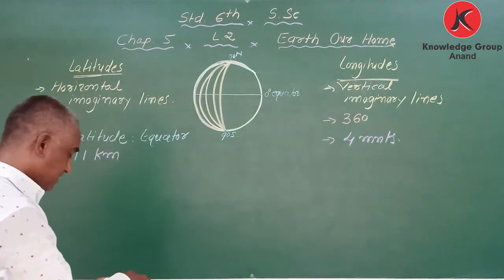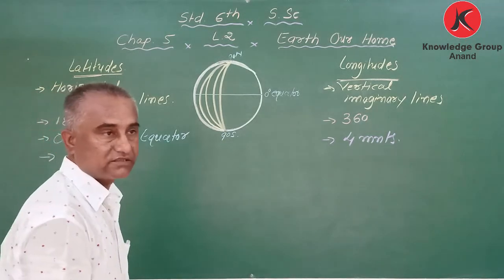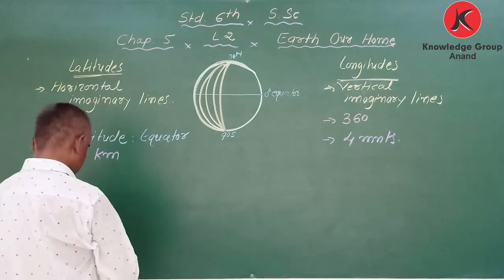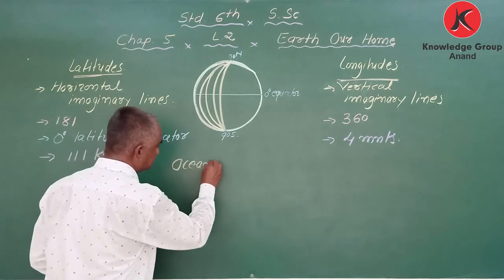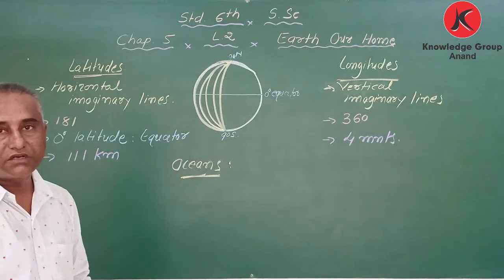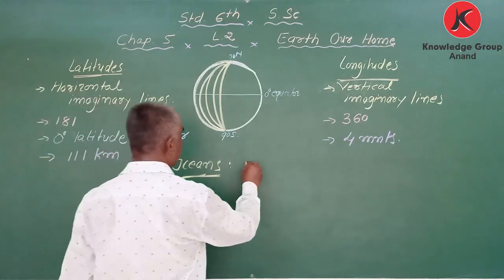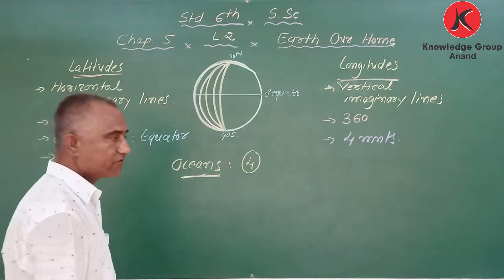Now one more thing about oceans. How many oceans are there on earth? There are four oceans. Which are they?